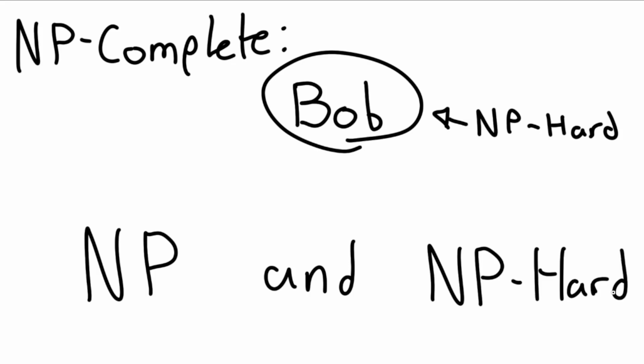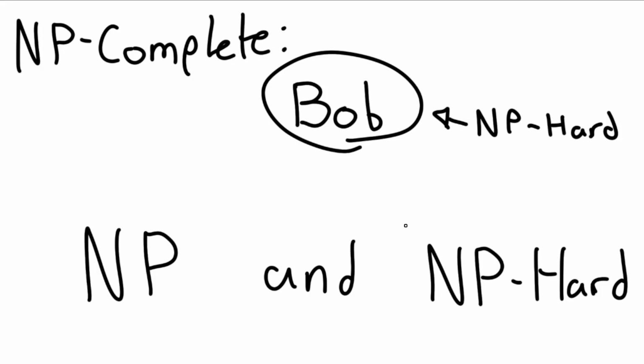Which means that if we know the solution to an NP complete problem, we know how to solve every NP problem, because a fast solution to an NP complete problem would imply fast solutions to all NP problems, and therefore imply that P equals NP.